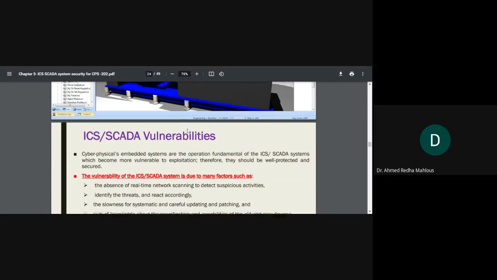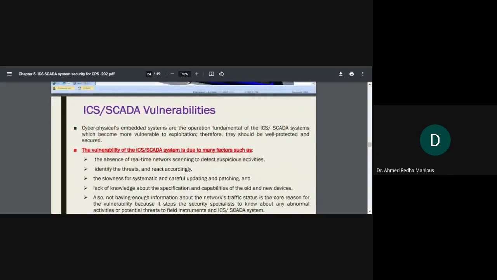Now, the main thing we are looking at in ICS SCADA security is, for instance, what are the different vulnerabilities? Why do we have such vulnerabilities in an ICS SCADA system, in order to understand what can happen and how we can secure the ICS SCADA?